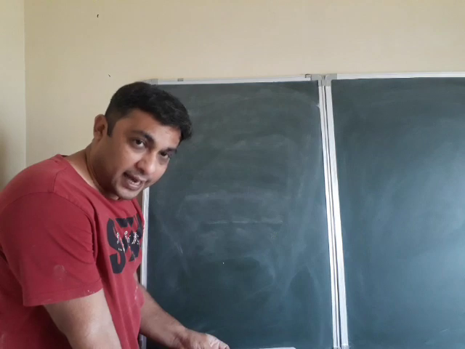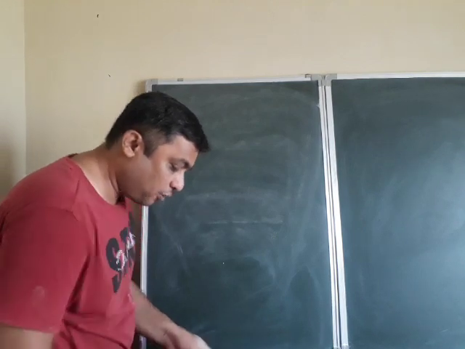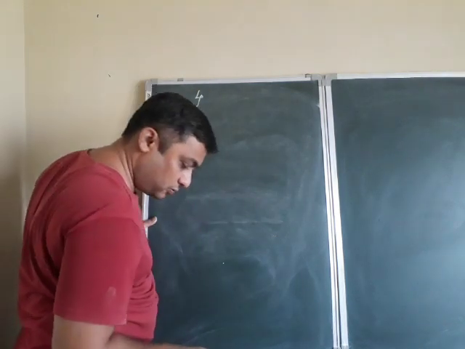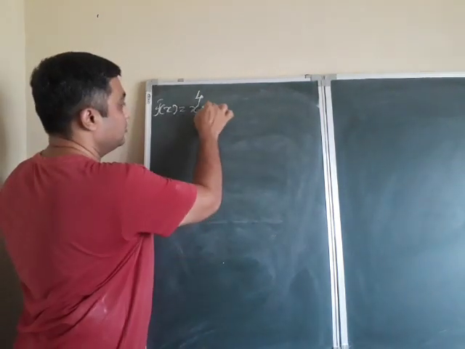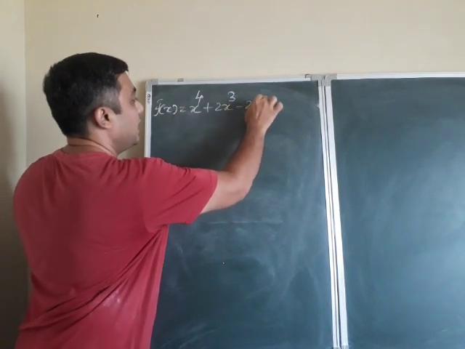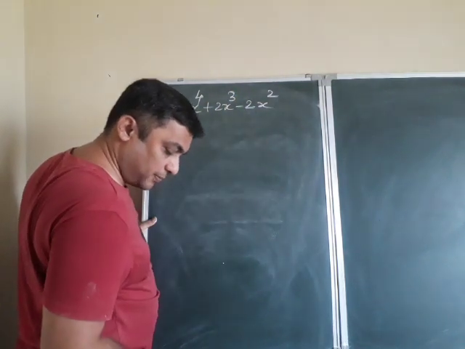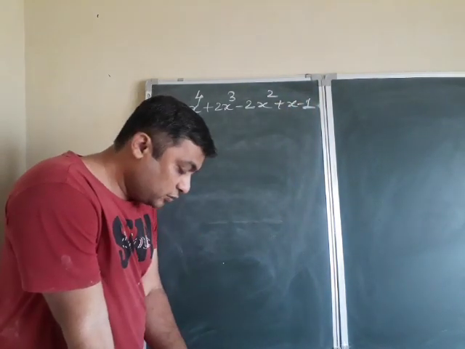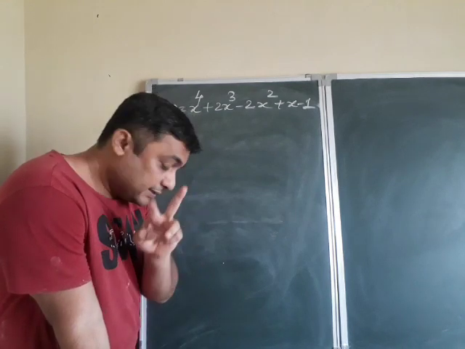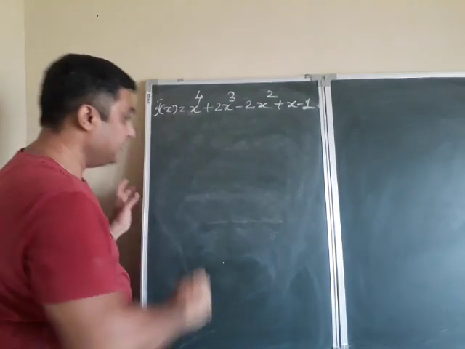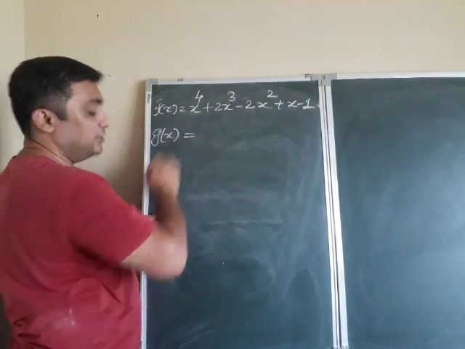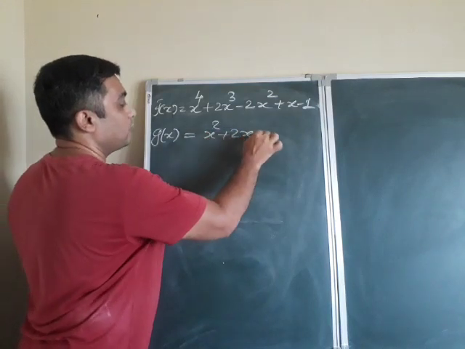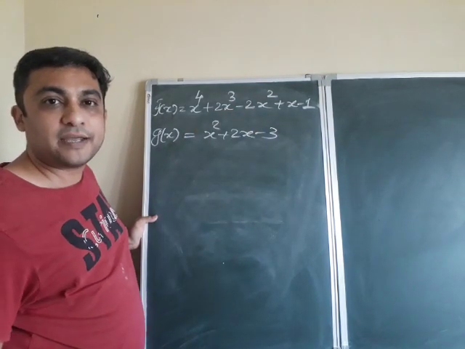What must be added to the polynomial f of x equals x raised to 4 plus 2x cube minus 2x square plus x minus 1, so that the resulting polynomial is exactly divisible by x square plus 2x minus 3.